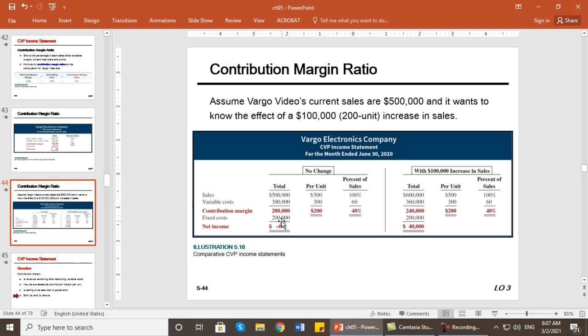Now this is the current situation: sales 500,000, variable cost 60%, 300,000, contribution margin 200,000, fixed cost 200,000, net income 0, per unit and percentage of the sales.